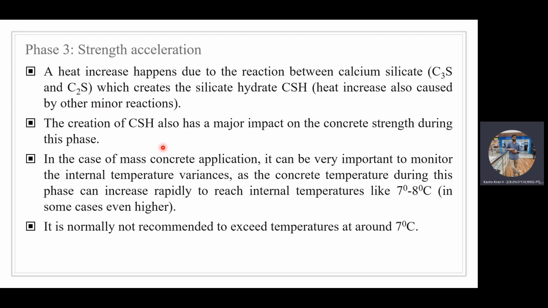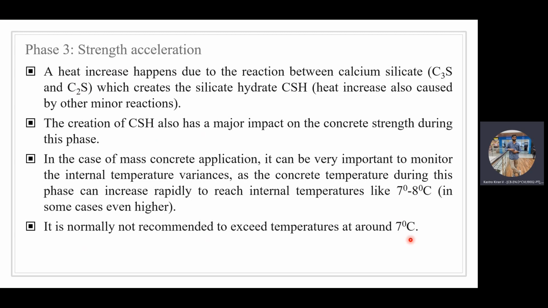So the formation of the CSH will play a major role in deciding the strength of the concrete. If the CSH products are not available or are not forming in a proper way, then the strength of the concrete will get affected. It will get reduced.